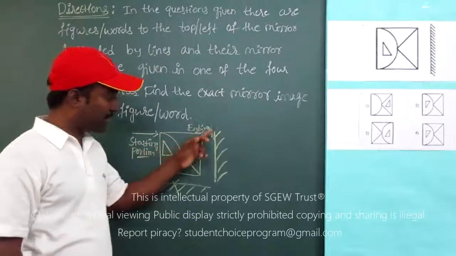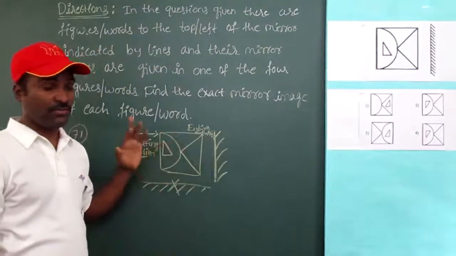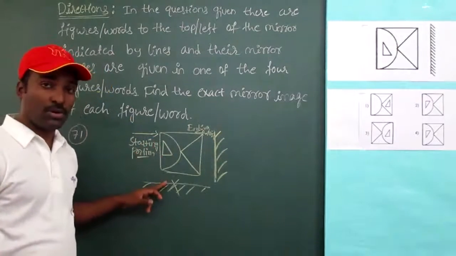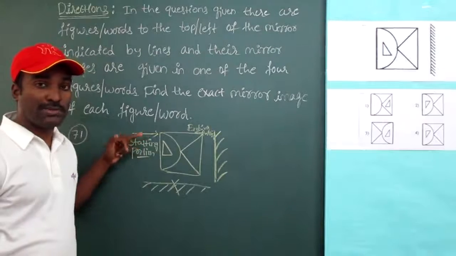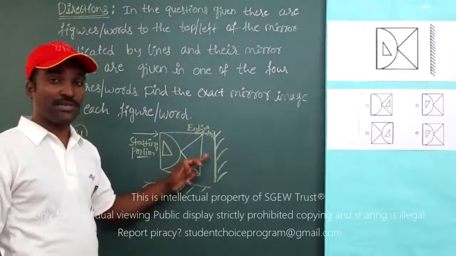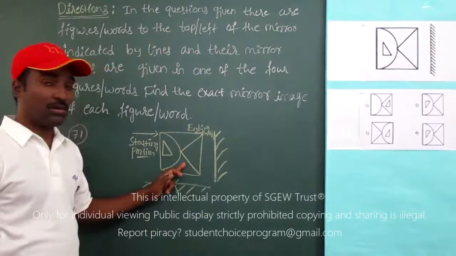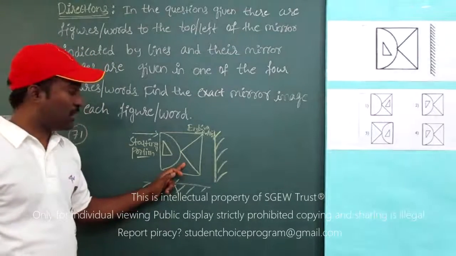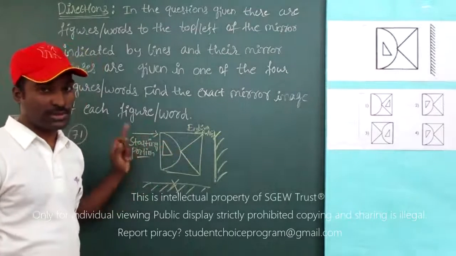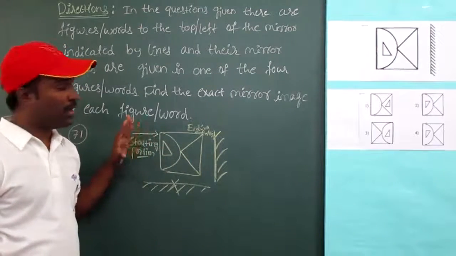So when the mirror is placed beside the given image or given word, this is the important point. When the mirror is placed at the bottom, top portion becomes bottom portion and bottom portion becomes top portion. When the mirror is placed beside the given particular shape or particular word, the starting portion becomes the ending portion and the ending portion becomes starting portion. These are the two important points.